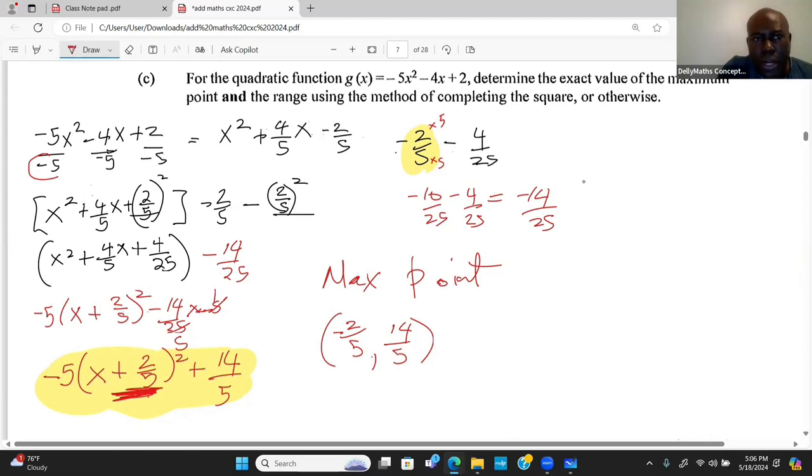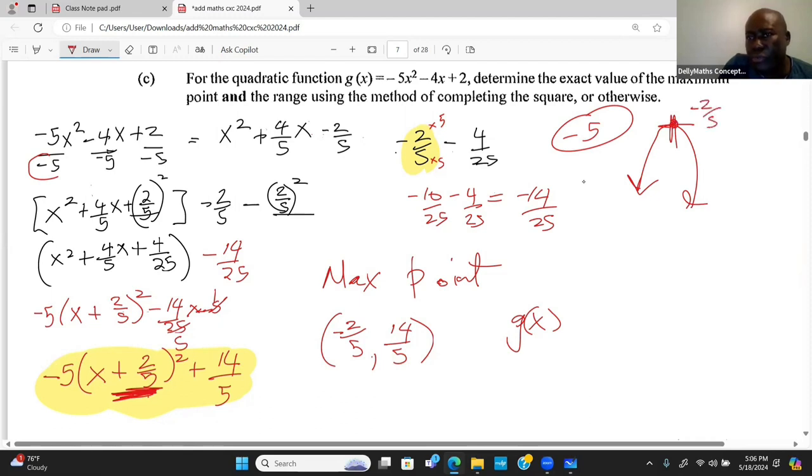All right. So for the range now, g of x has a maximum point. How do you know? Because your a value was negative 5, so the curve turned like this. So what we're talking about is the coordinates that we have for the vertex here, the negative 2 over 5, and then the 14 right here.